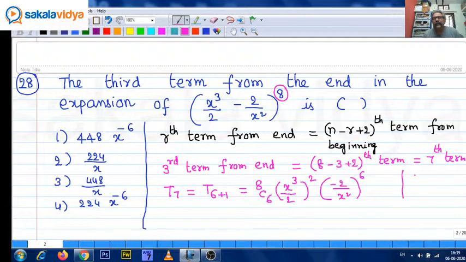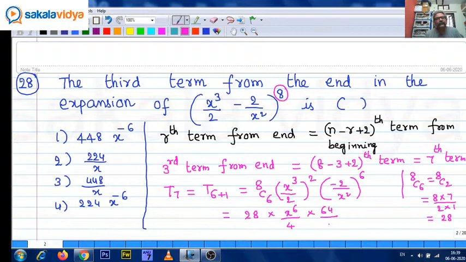Now 8C6 equals 8C2. 8C2 is 8 into 7 by 2 into 1, that is actually 28. So we can write 28 times x power 6 upon 2 power 6, which is 64, upon x power 12.